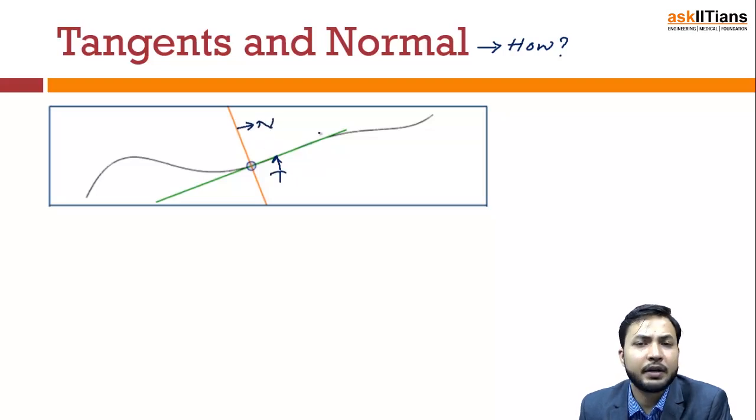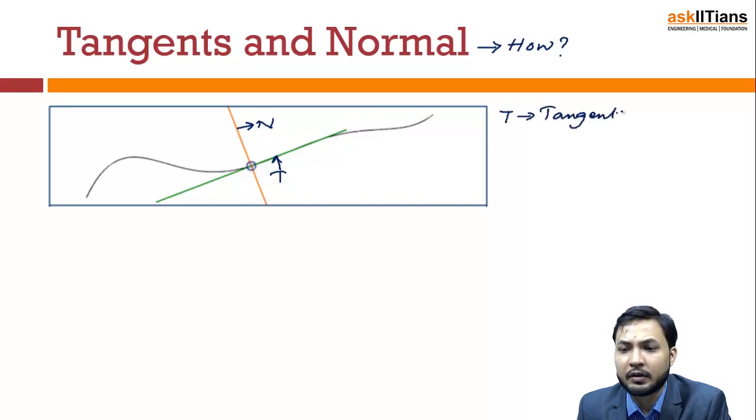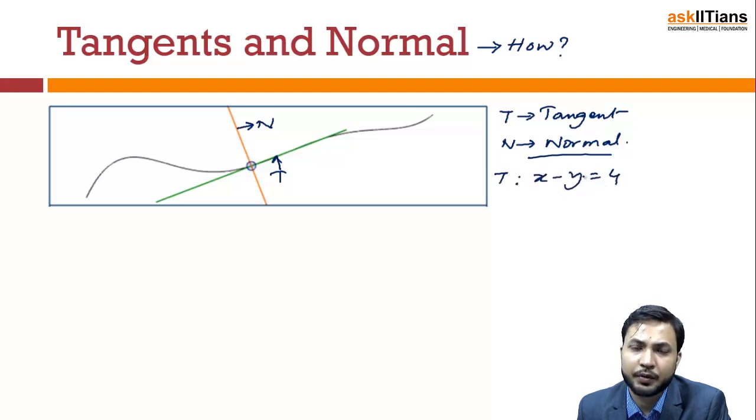Now in simple notation, T represents the tangent and N represents my normal. This is a common notation that you will find everywhere. In exams also the equations will be given like T as x minus y is equal to 4, in these forms, and normal accordingly will be like, say, 2x plus y is equal to 8.